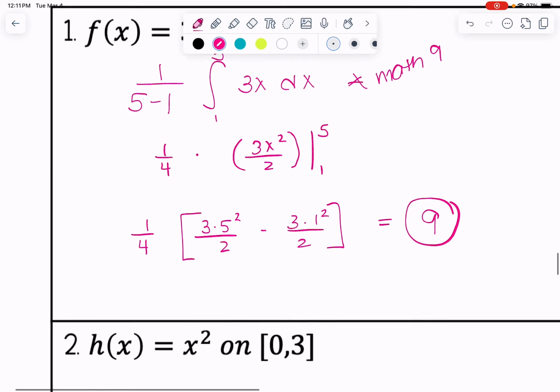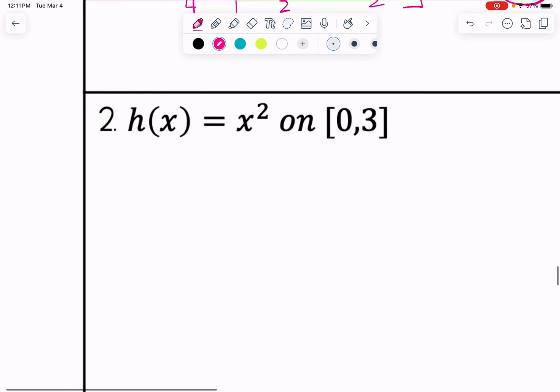All right, let's take a look at number 2. Similar problem, but new function and new closed interval. We're looking for the average value of x squared on the interval 0 to 3. So this is going to be 1 over 3 minus 0 times the integral from 0 to 3 of x squared dx. When we simplify this, we're going to, of course, get 1/3 over here, and here we are going to find the antiderivative of x squared.